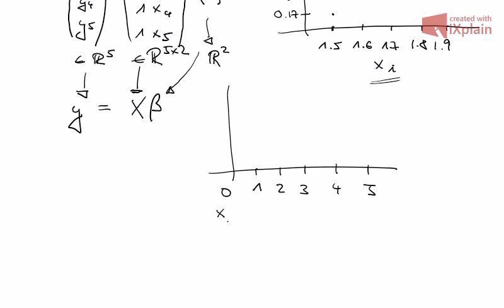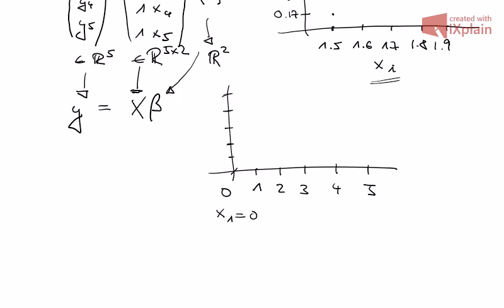So x1 is now 0, and you have any value for a. If a equals 10 or a equals -2 or whatever, if you multiply 0 with this value a, you always get 0.